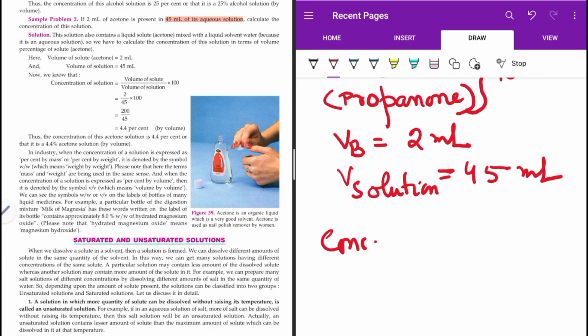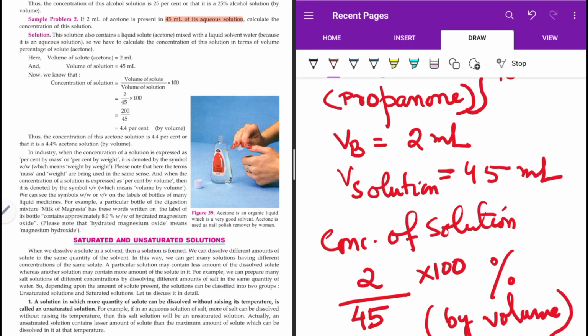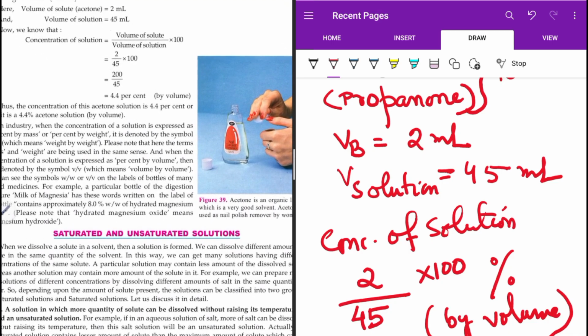Now what will be the concentration of the solution? That means in this 45 ml, 2 ml is present. So in 100 ml, how much is present? So 2 by 45 into 100. Whatever the answer comes, that much percentage by volume will be your answer.